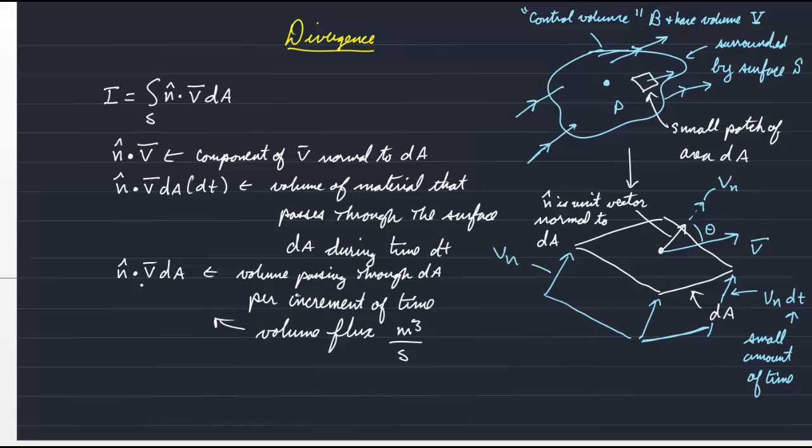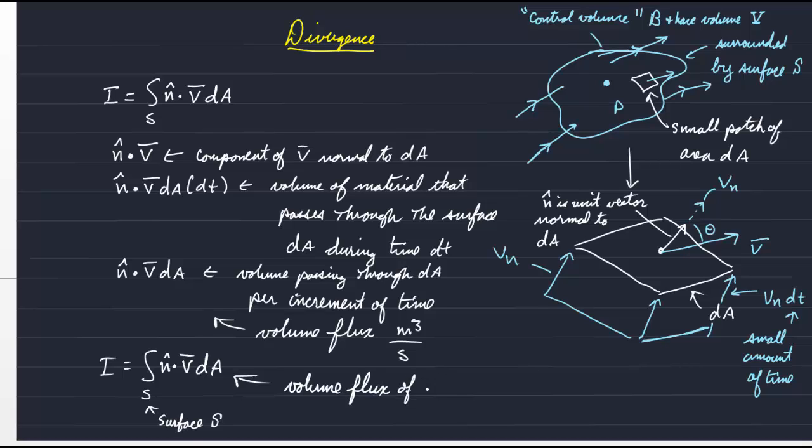And thus, if we integrate the volume flux at each little patch of the surface, again, I is the integral over the surface S, we're integrating the volume flux through each point of the surface, and that gives the volume flux of material flowing out of our volume B.